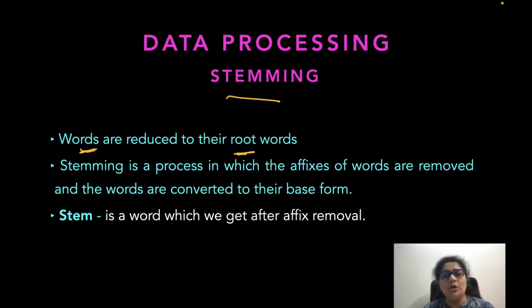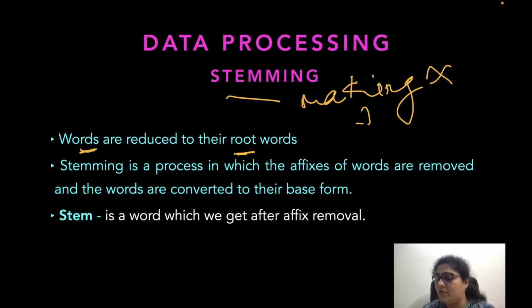What is the original word? The original word is make. So the example I am taking is making, but this is not the root form. The root form is make, isn't it? The root form is make. Whatever words we are getting in our corpus, we will be converting them to the root words.